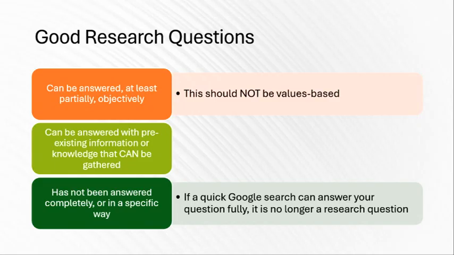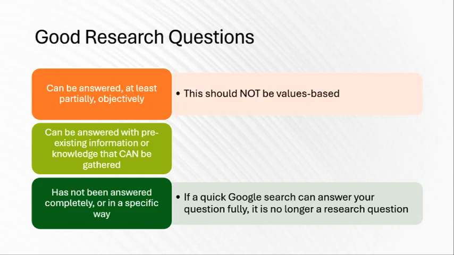If a completely neutral person looks at that and goes, yeah, okay, that is objective. Not subjective, objective. One of the things we try to emphasize is that this should not be values-based.